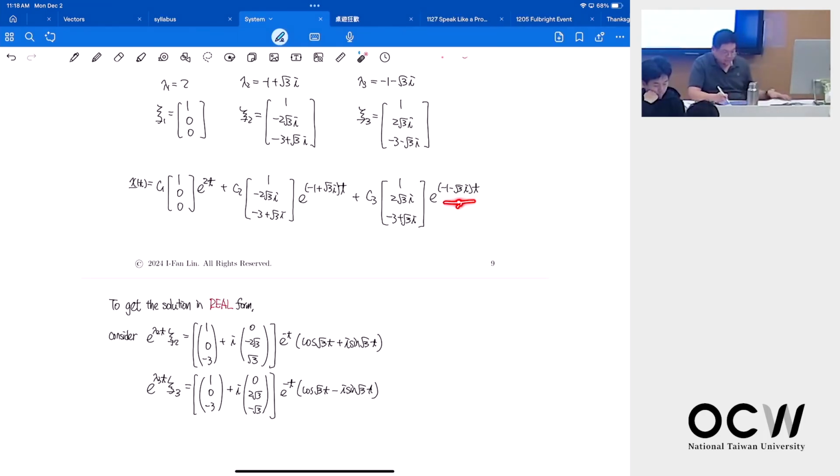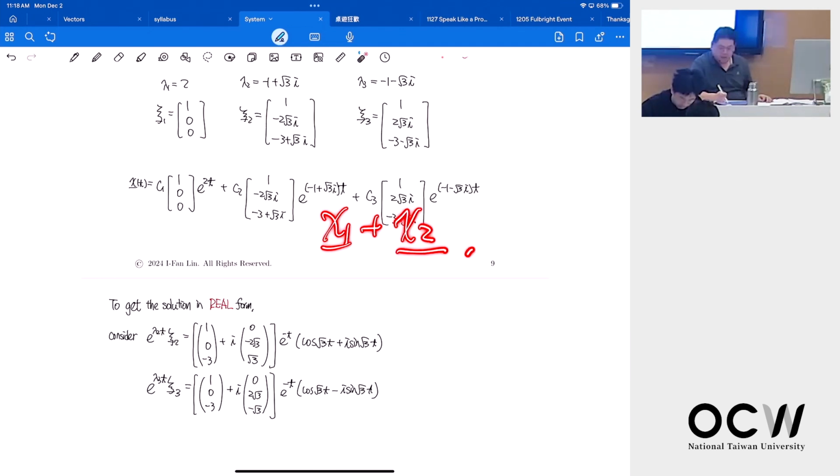I have a complex number here. I want to express the solution in the real form. So remember that if x1 is a solution and x2 is a solution, then the linear combination of x1 plus x2 is also a solution, right?